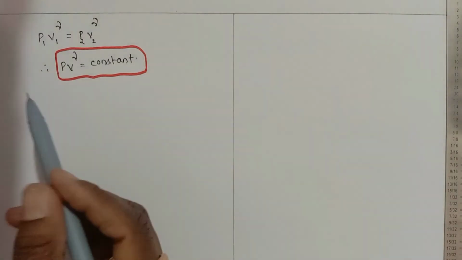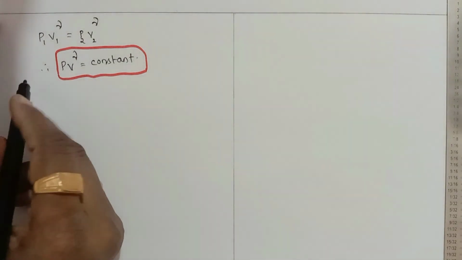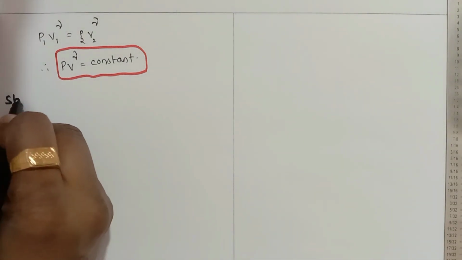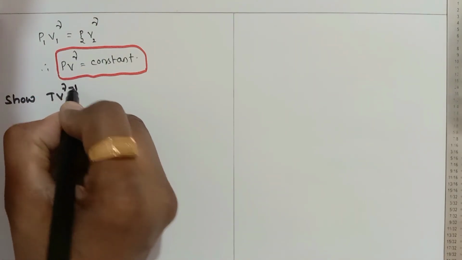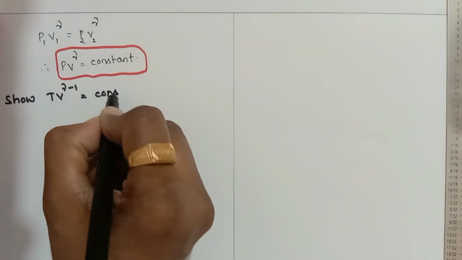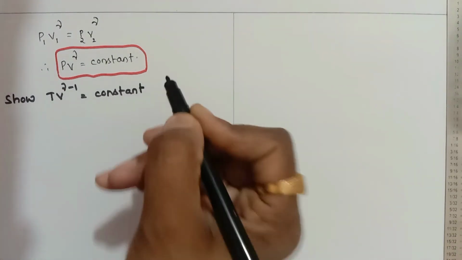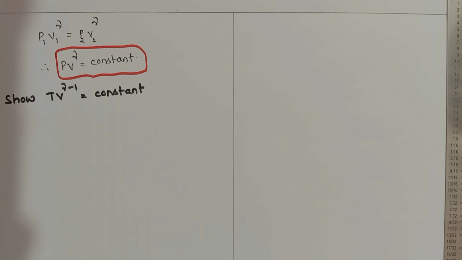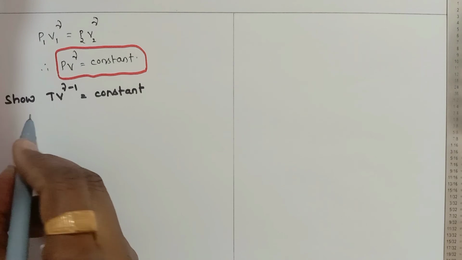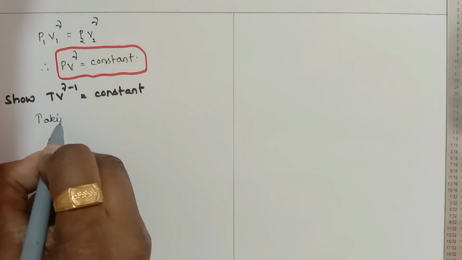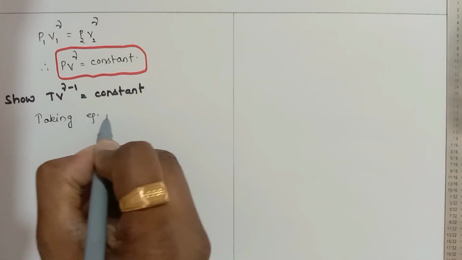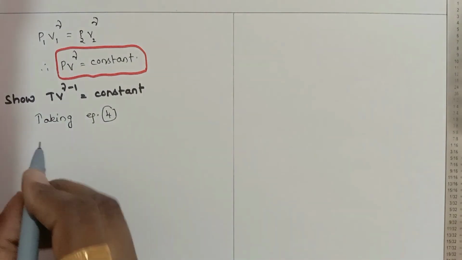Suppose you are asked, show TV to the power gamma minus 1 is equal to constant. You have to start the derivation from the beginning, and then stop near equation 4. I am writing here, taking equation 4. What is equation 4?